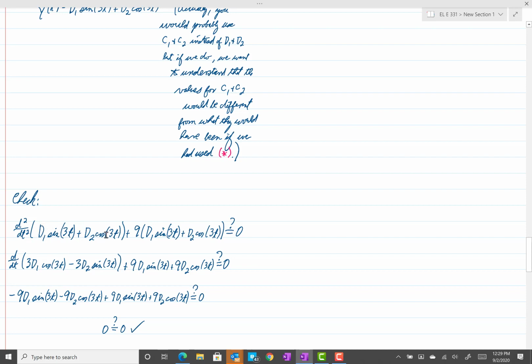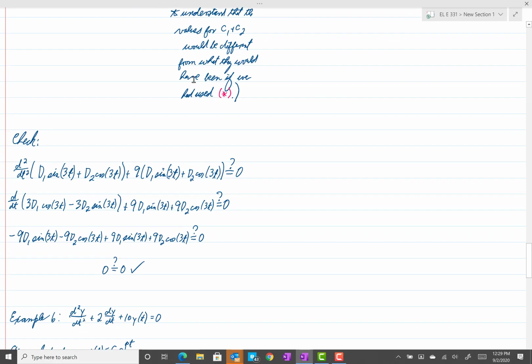When I take one derivative of this, I'll get 3d1 cosine 3t. And then the derivative of cosine is minus sine, so I'll get minus 3d2 sine 3t. And here just come down 9d1 sine 3t and 9d2 cosine 3t, and equals question mark 0.